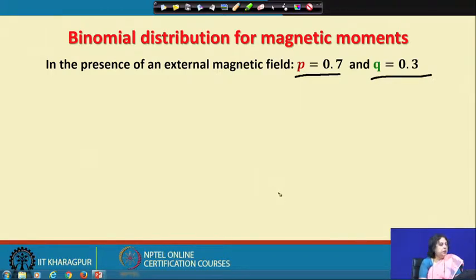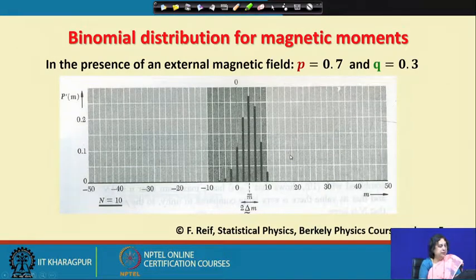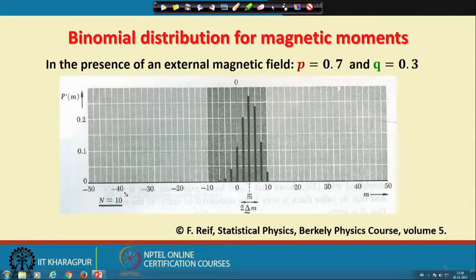Okay. Now, if that is so, then let us have a look at what will happen to the binomial distribution if I have, let us say, capital N equal to 10.